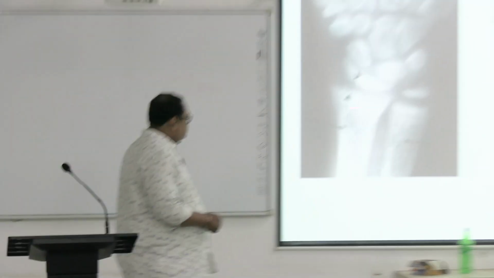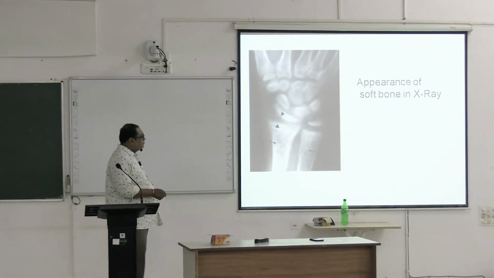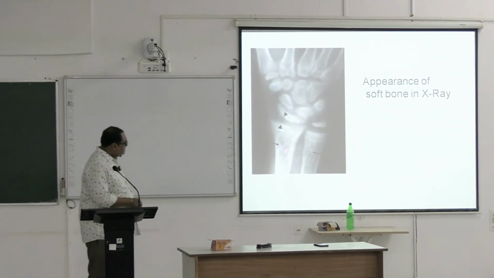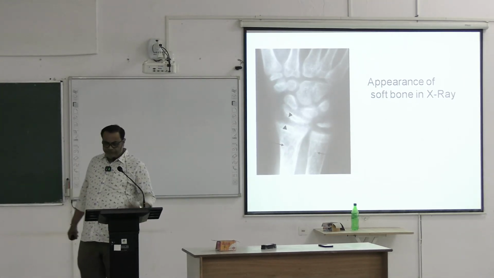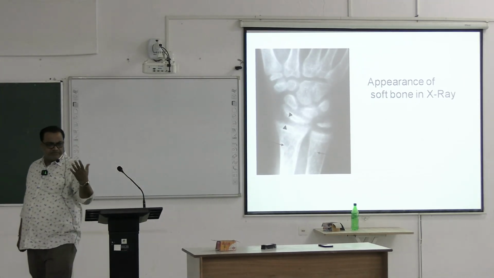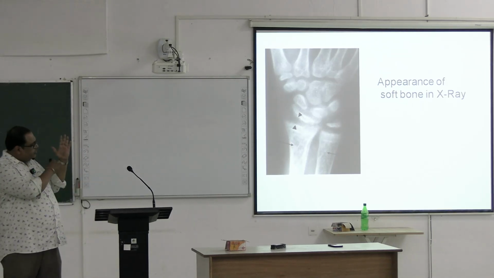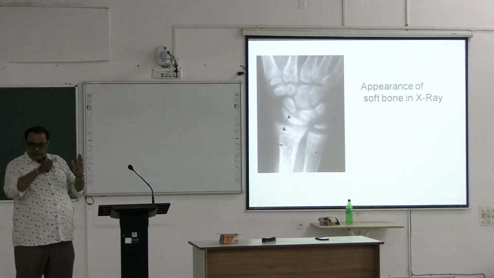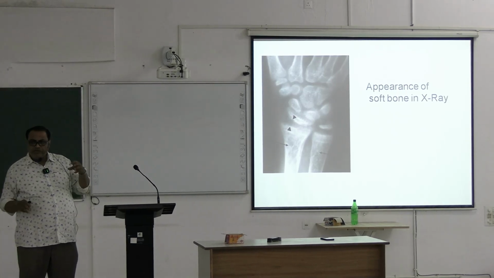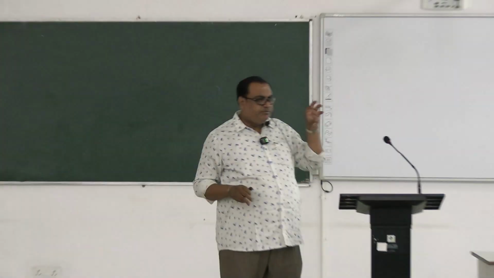This is called a lighter bone, a soft bone in X-ray. You can see the network of collagen. If you take the photograph of the X-ray plate, and you see the bone is see-through, it means the network is visible. That means the bone is soft. The deposition of calcium phosphate is less.